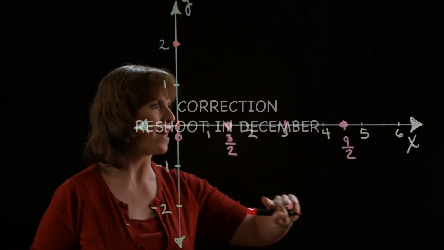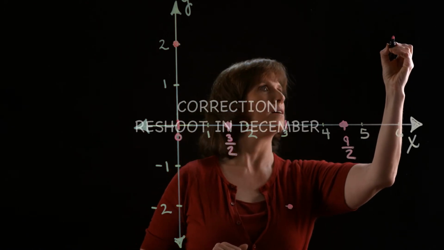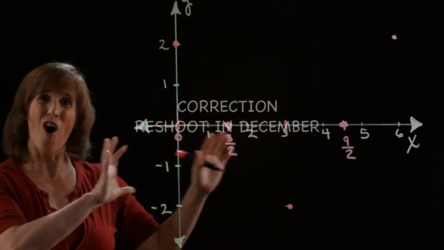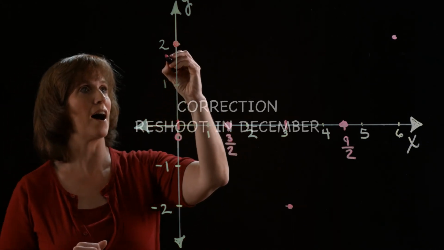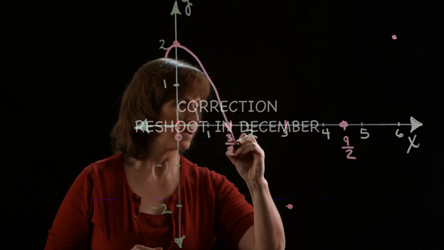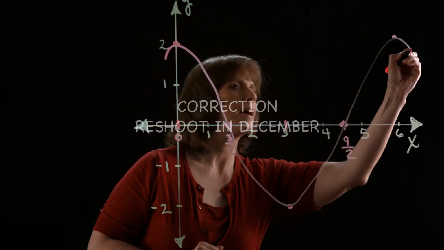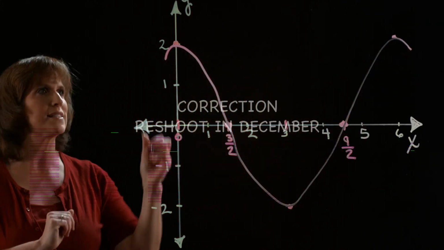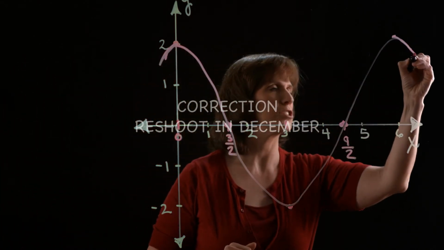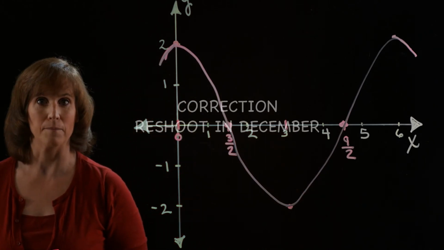And if I follow the pattern, that should lead to a maximum value of 2. I know what the shape looks like. I have all these key points down, so let's connect the dots. And remember, that's just one cycle. This graph continues forever in both directions, just repeating this shape over and over again.